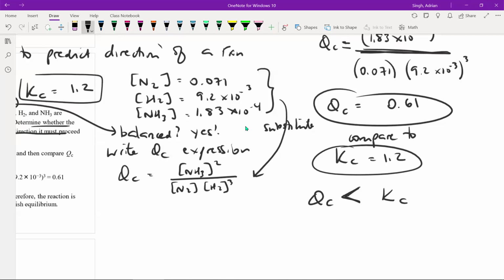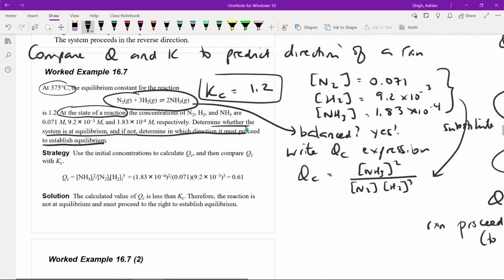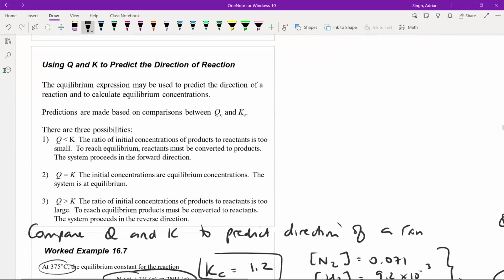So the reaction has to proceed to the right to increase the concentration of the products, to make Qc large enough to eventually get to the equilibrium constant. So we say the reaction proceeds to the right, or to the product side.